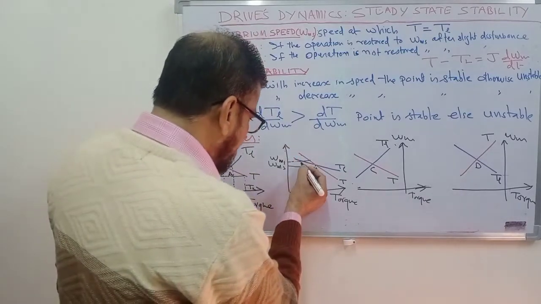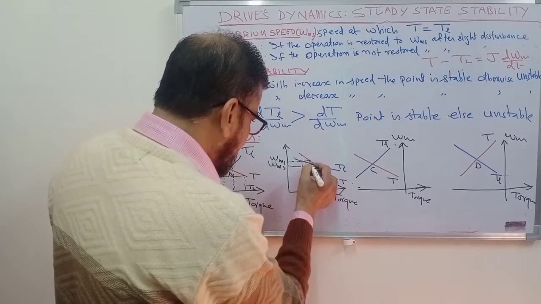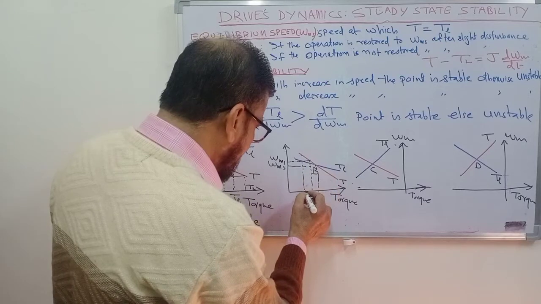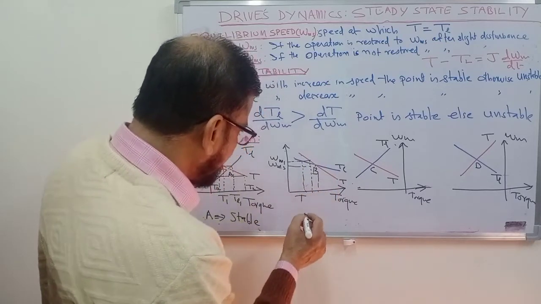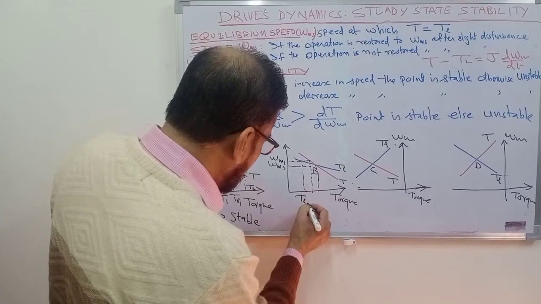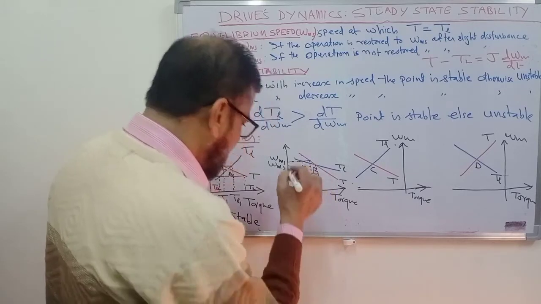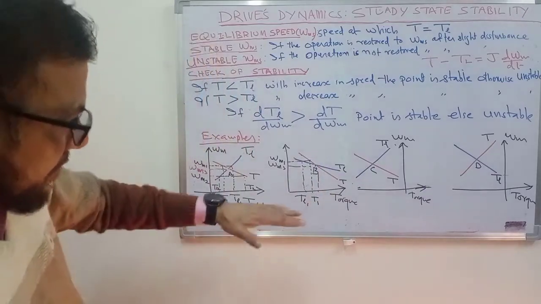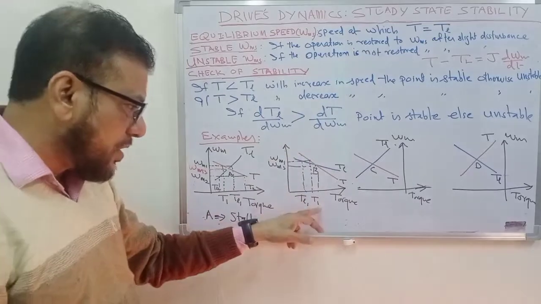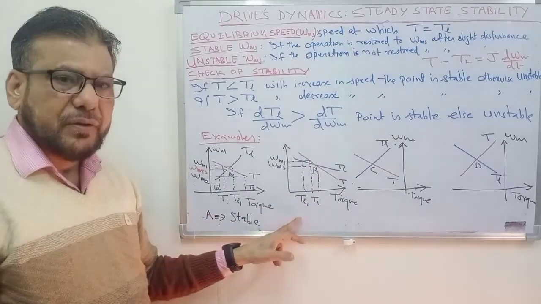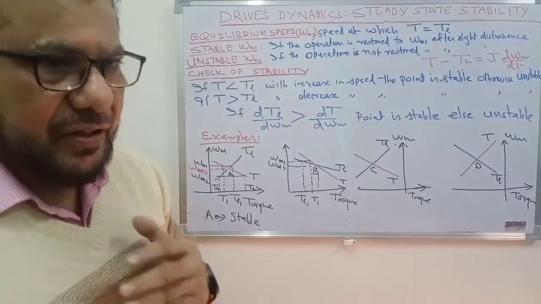and if this is the speed, then this is the load torque TL1, and this is the motor torque T1. The speed has increased. This increase in speed causes the motor torque to become more than the load torque. This means that the motor will further accelerate.